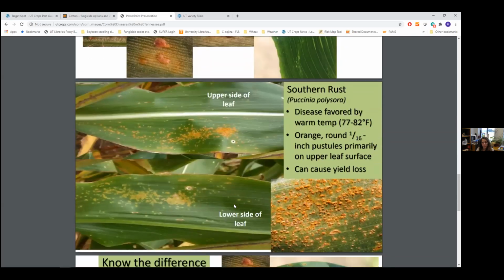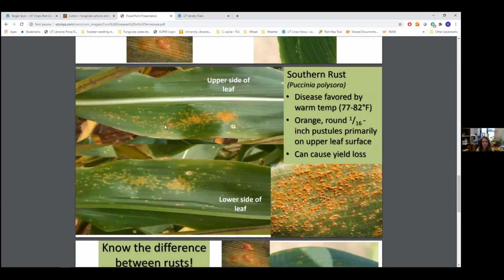Versus southern rust, those raised pustules, the majority of them are going to be on one side, and then the other side of the leaf is going to be smoother. Southern rust is our highest potential yield robber in corn.